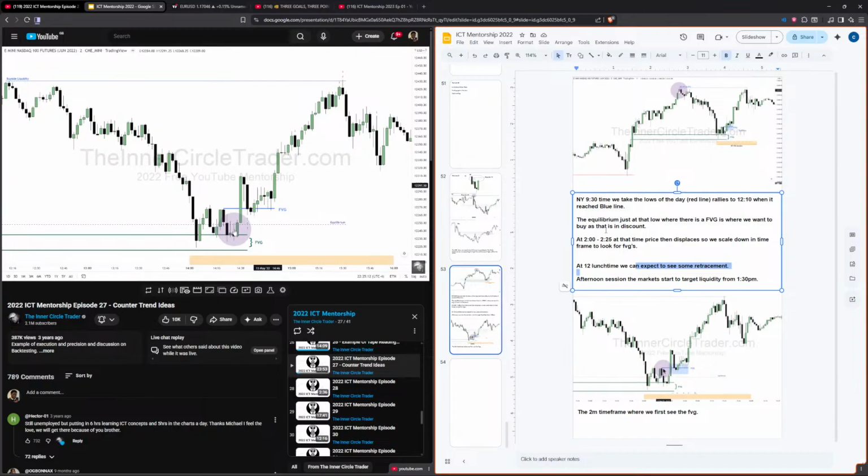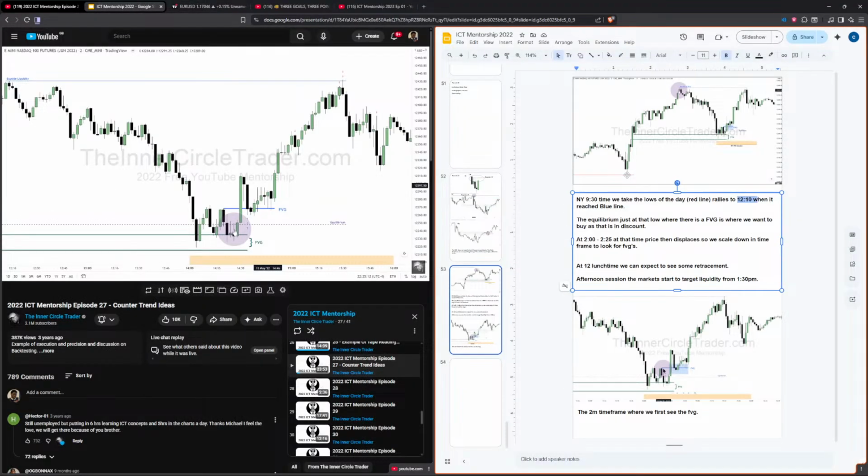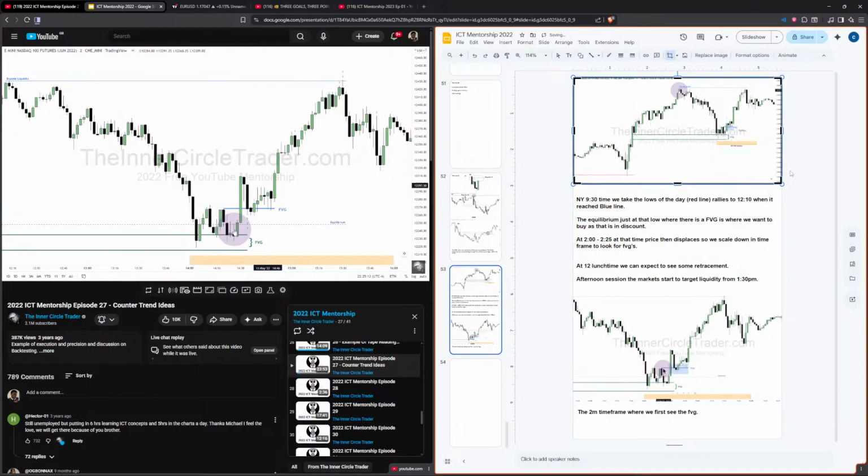So because of that, we then are going to expect to see a peak. Price may drop again from the range from lunchtime to the open. By the way, the open is, is that midnight? I think it is.